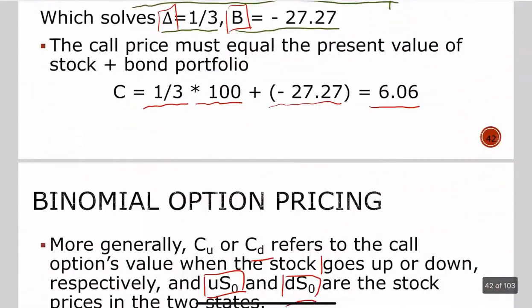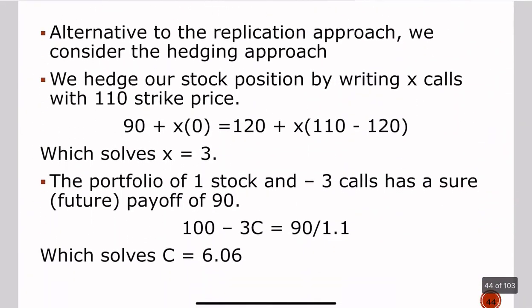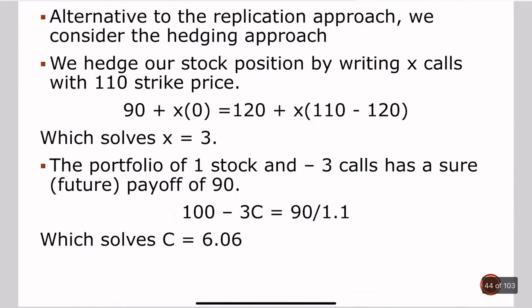Basically, you can see that you will hedge this stock position of one share by writing 3 call options with 110 strike price. Now, why is this a hedging portfolio?